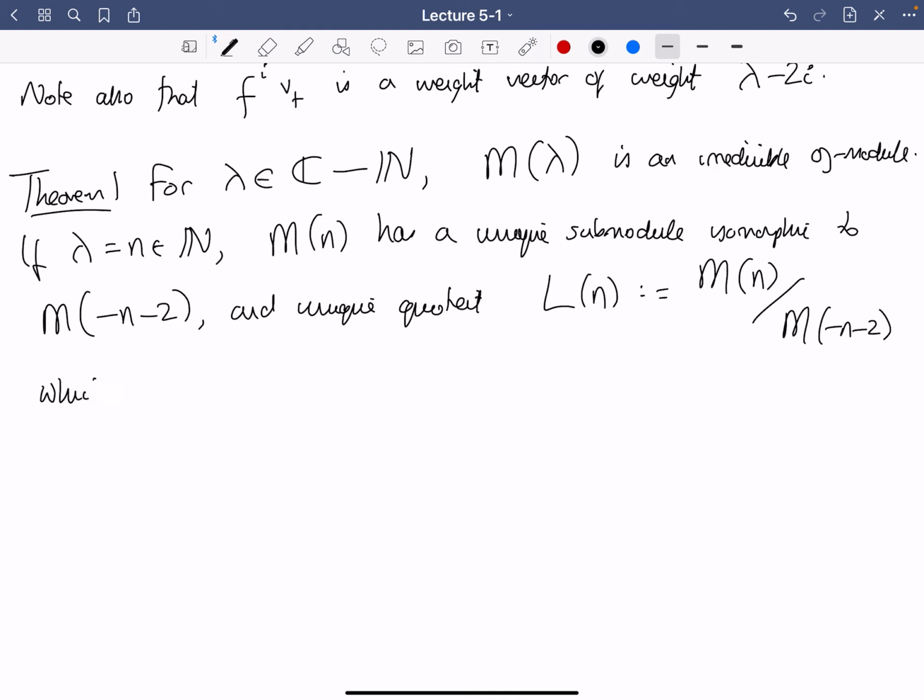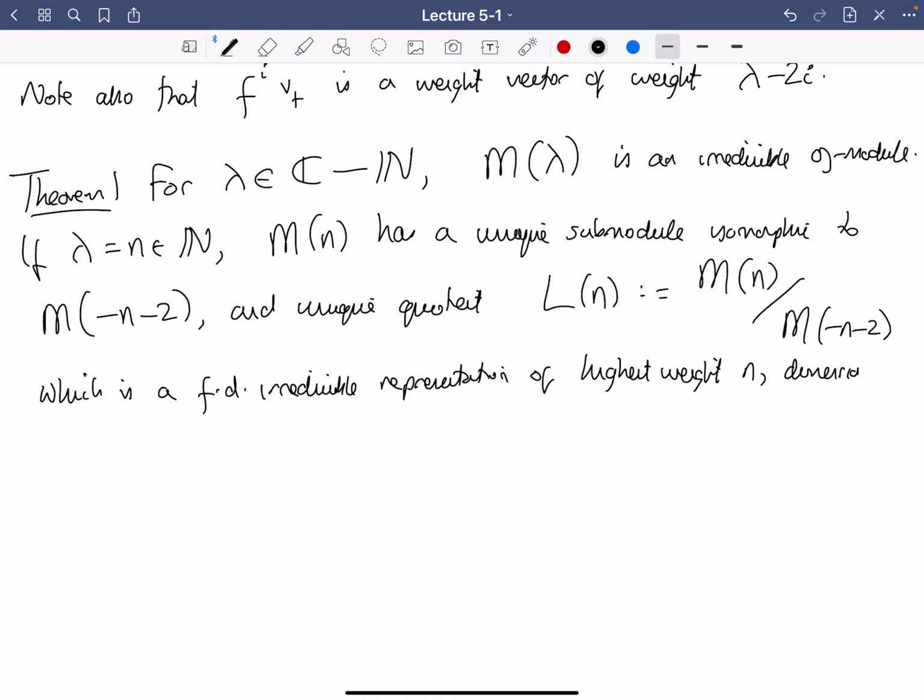And this is a finite-dimensional irreducible representation of highest weight n and dimension n plus 1.